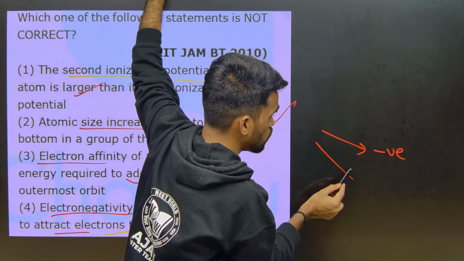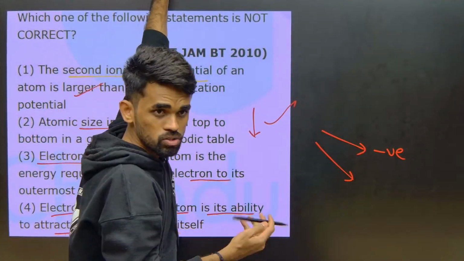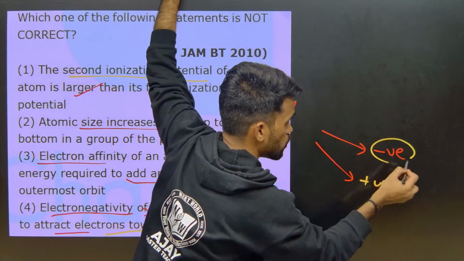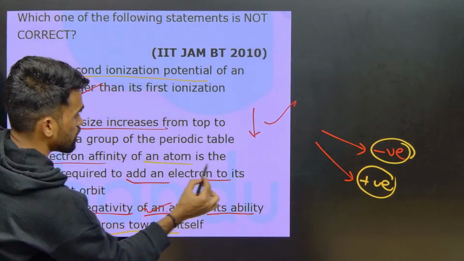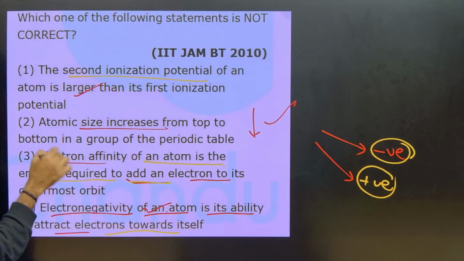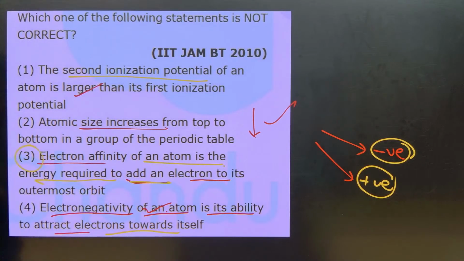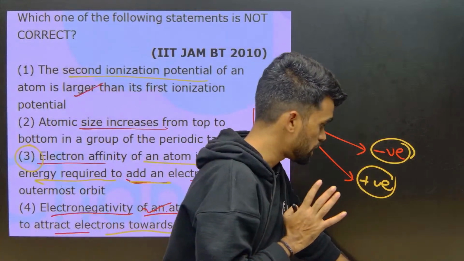If it is having no tendency, then we need to provide energy, so that is positive. So it can be positive or negative, but they said that electron affinity of an atom is the energy required to add. Is it required only? No, it can be released also. So this is the most incorrect one, so you can go with option number 3. Okay, hope it is clear.